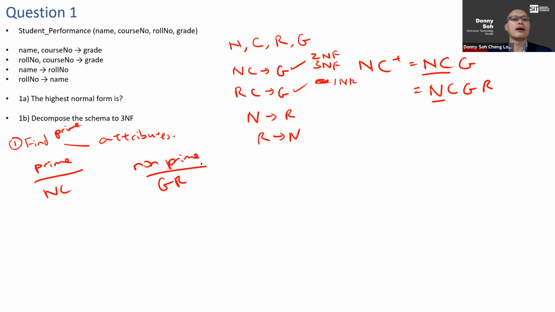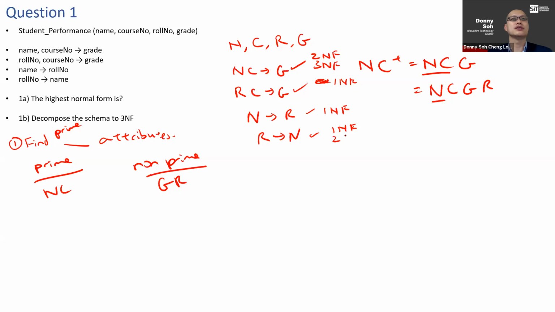Okay. Let's look at R. N is part of my candidate key. This is a prime. So this one will go to 1NF.